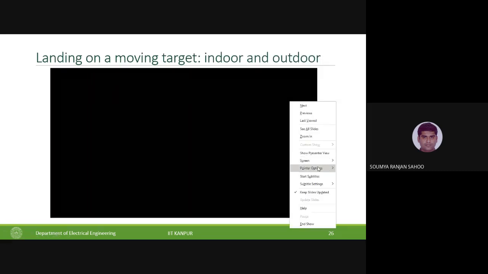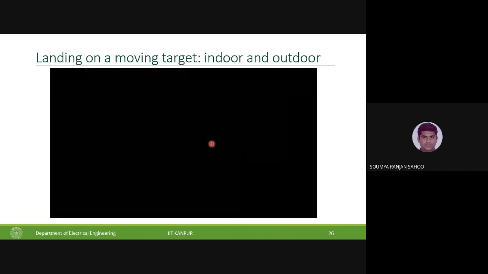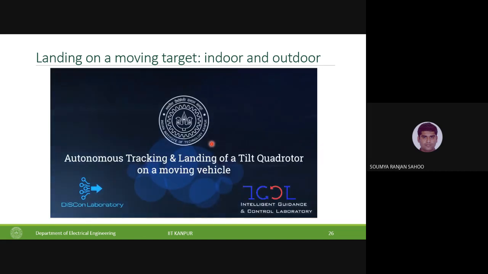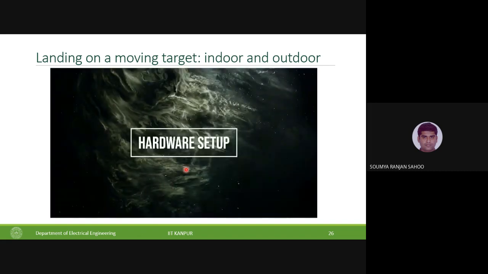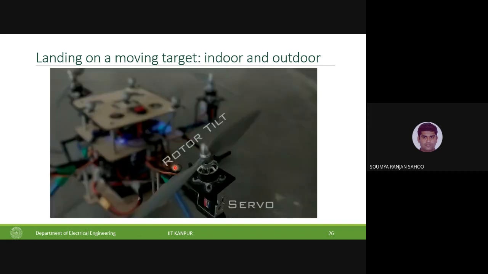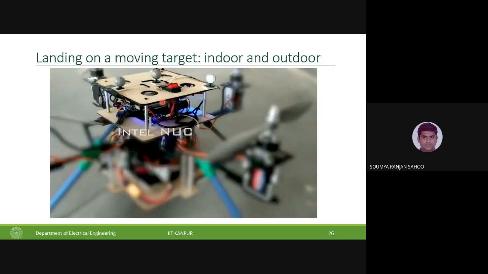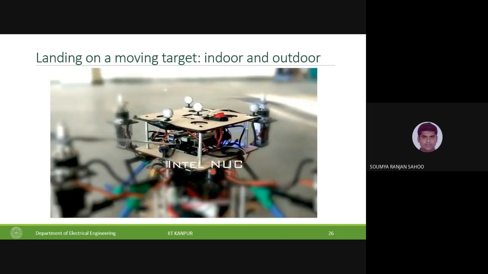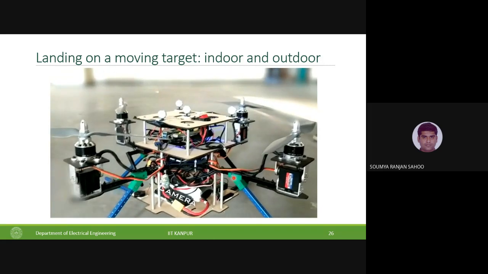Let me see if I can. So this is the autonomous tracking that we have for the indoor and outdoor platform. This is a vehicle that we had used.